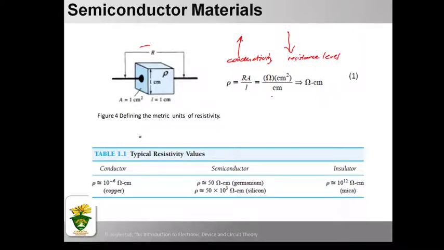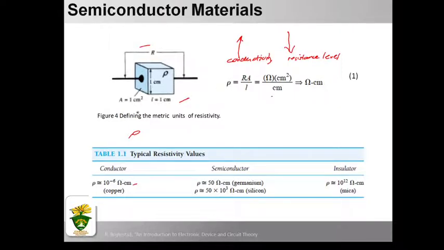In table 1.1, the resistivity, with the Greek letter rho, is often used when comparing the resistance level of materials. In metric units, the resistivity of a material is measured in ohm centimeter or ohm meter. The units ohm centimeter are derived from the substitution of the units for each quantity in this figure.